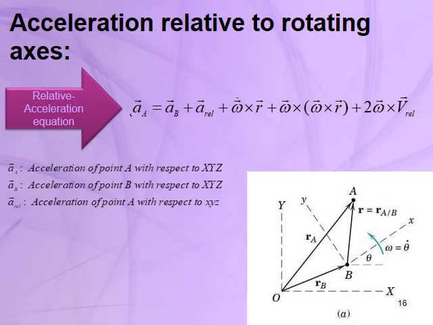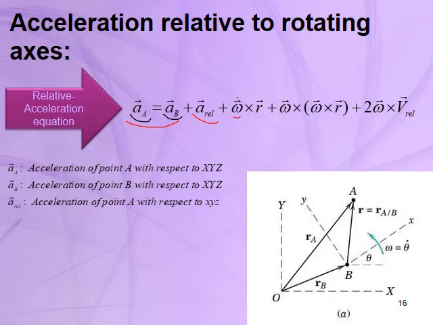So here you can see this is AA, which is the acceleration of point A with respect to the fixed coordinate system, and AB, which is the acceleration of point B with respect to the fixed coordinate system. So these two terms are the absolute accelerations. A rel is the relative acceleration, or the acceleration of point A with respect to the relative coordinate system, and the other parameters are clear here.